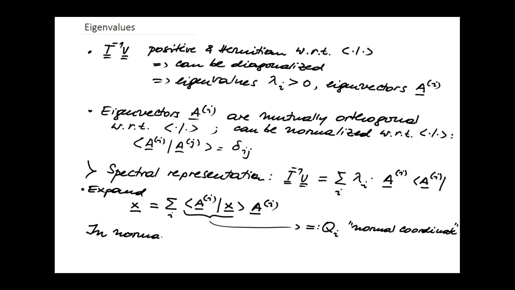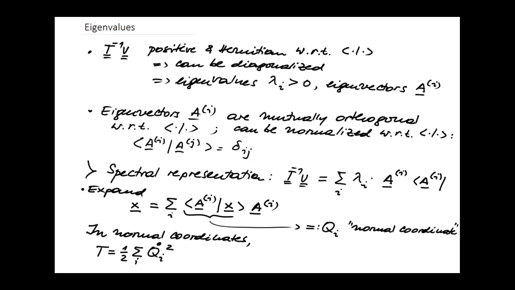This has the advantage that the Lagrange function becomes even simpler in normal coordinates. In normal coordinates, the kinetic energy T acquires the simple form, it's 1/2 sum over i, capital Qi dot squared.